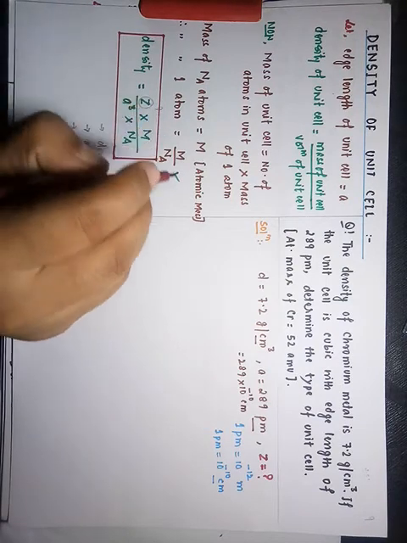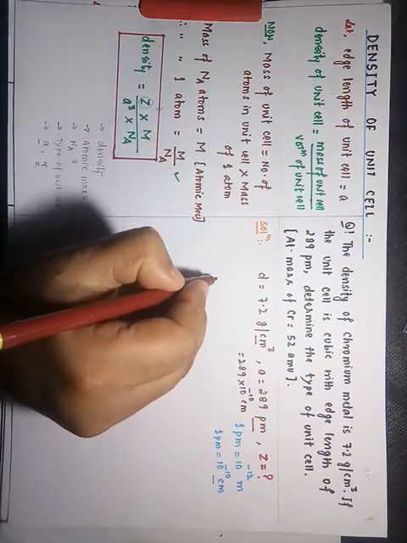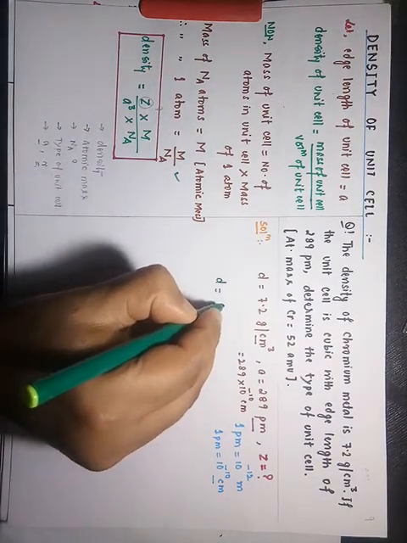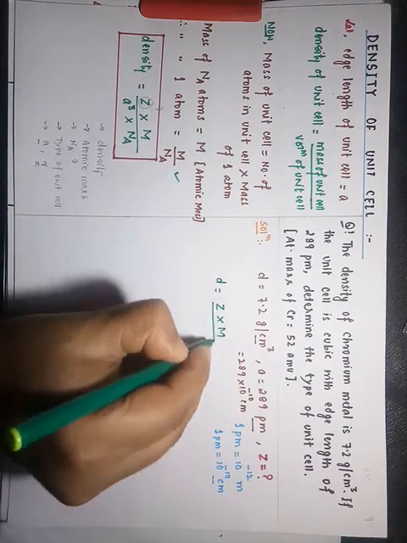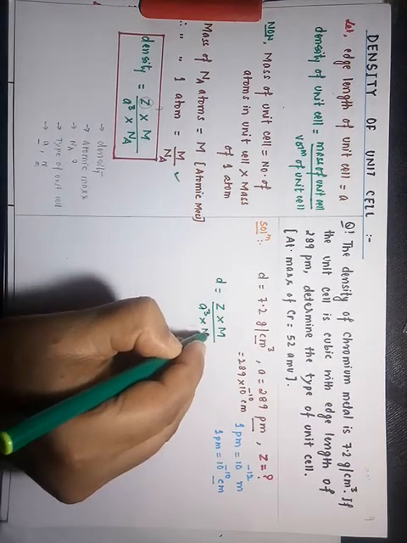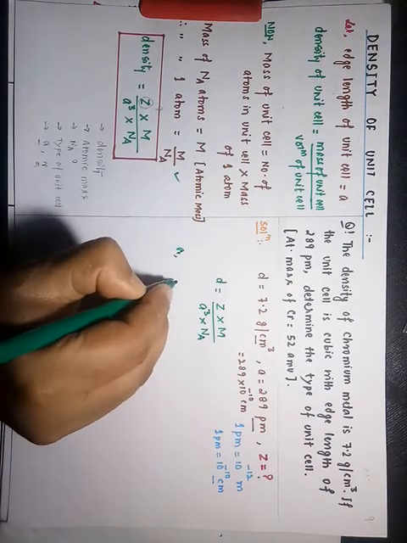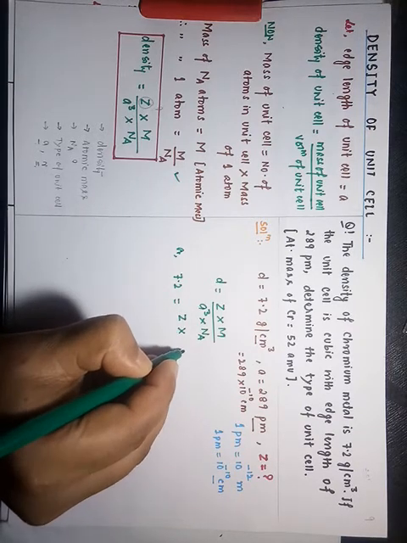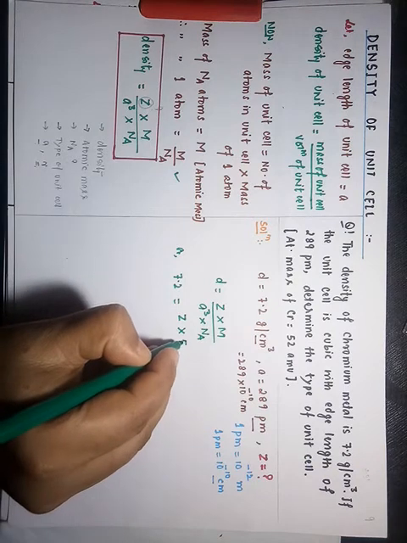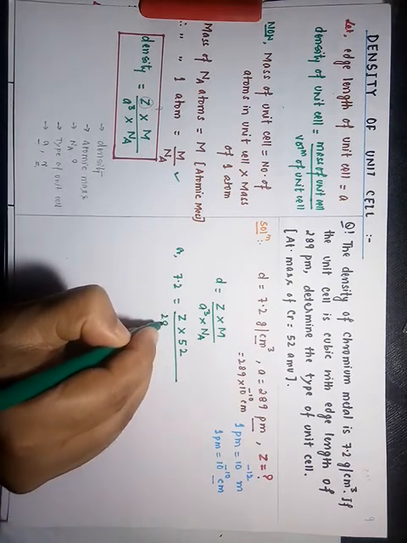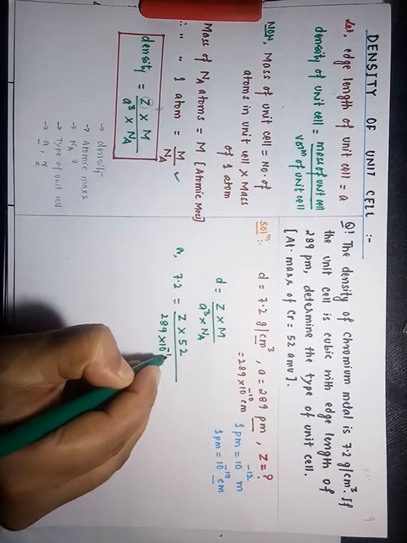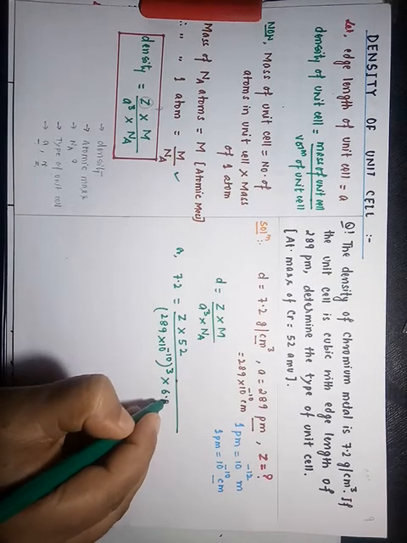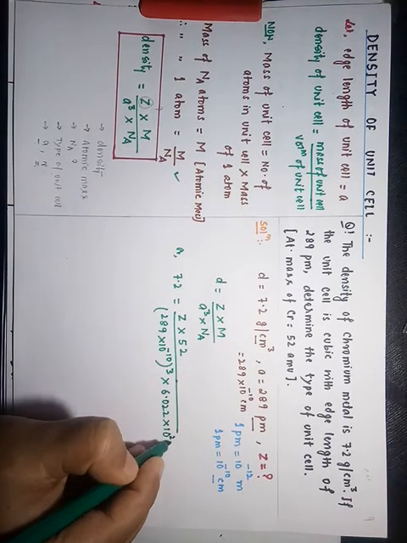Now we know the formula here, that density D is equal to Z m by A cube into Na, which is Avogadro's constant. So density is given to us, 7.2 is equal to Z, this is our target, M, atomic mass of chromium mentioned here, 52, A cube means 289 into 10 to the power minus 10 cube multiplied by Avogadro's constant 6.022 into 10 to the power 23.